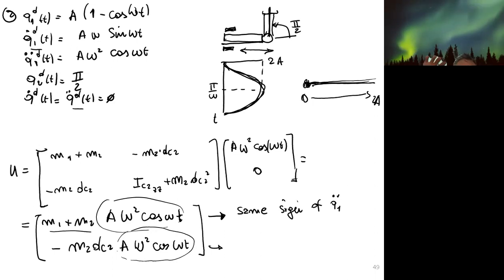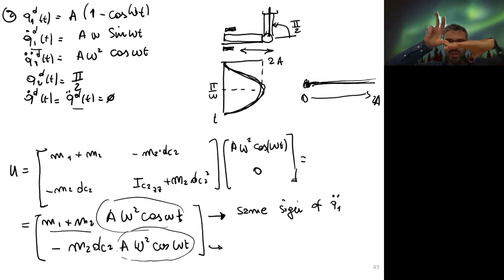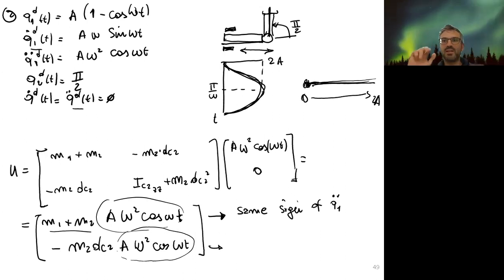If joint 1 is moving this way, with negative acceleration, negative cosine, then joint 2 will tend to move this way, and we'll have to apply an opposite torque, which will be positive because the force is negative, to keep Q2 at 90 degrees.